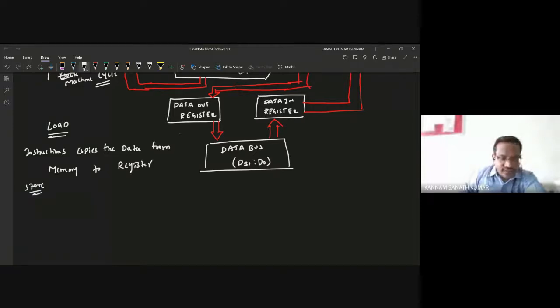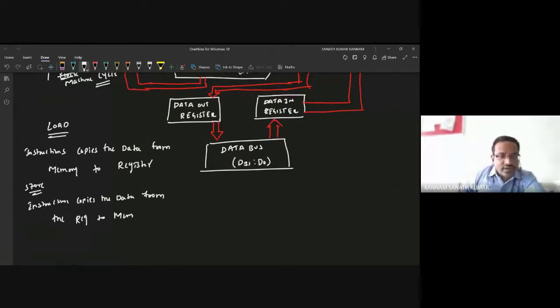A store instruction copies the data from the register to memory.